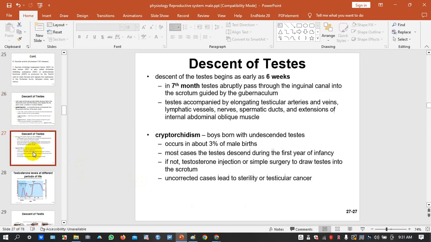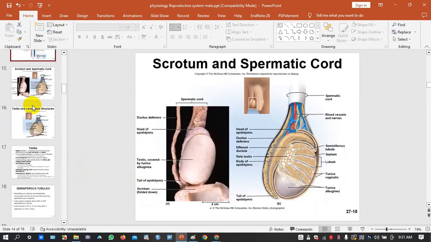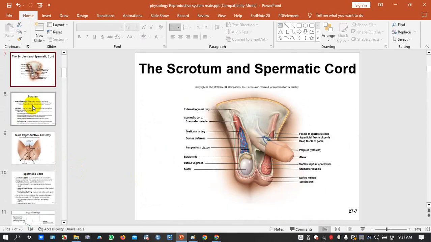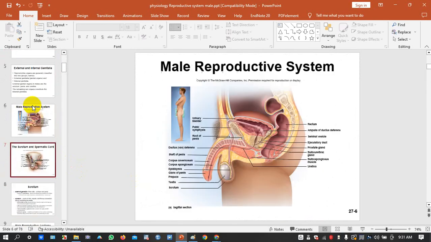So let's see. I showed you the inguinal region. This is the inguinal canal.